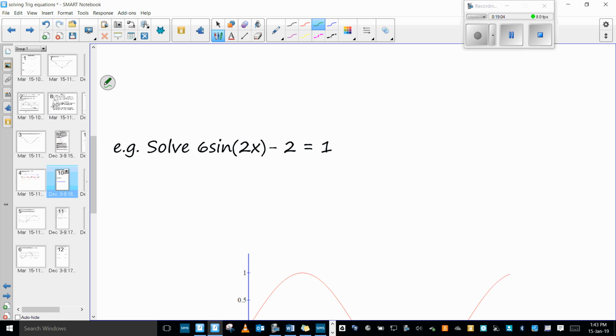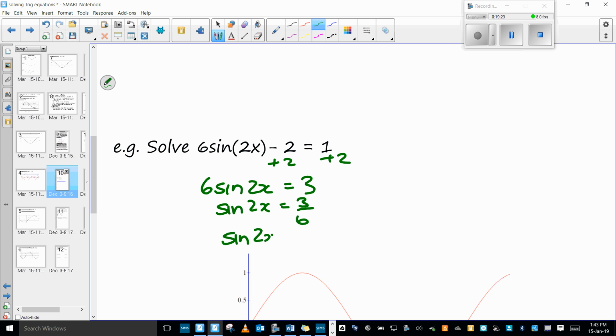You've got to add the 2 to both sides. So we're going to add 2 to both sides to get rid of that. So we've got 6 sine 2x equals 3. And then sine 2x equals 3 over 6. So sine 2x equals 1/2.